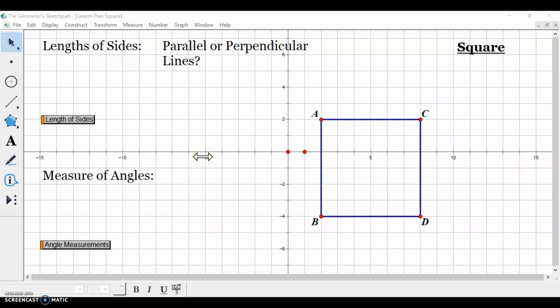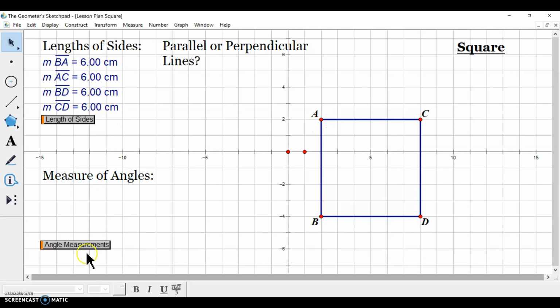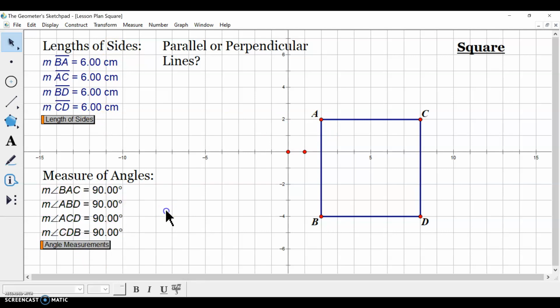And finally, our last quadrilateral for this lesson is a square. So when we take a look at the length of the sides, all sides of a square are equal to one another. And when we look at the angle measurements, all angles are also equal to each other, but they're specifically a measure of 90 degrees always.